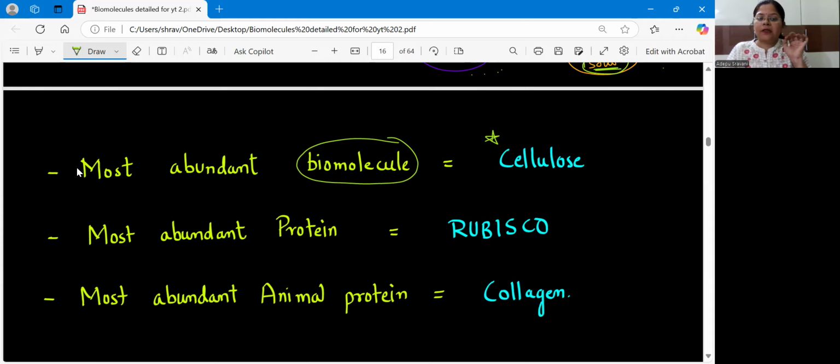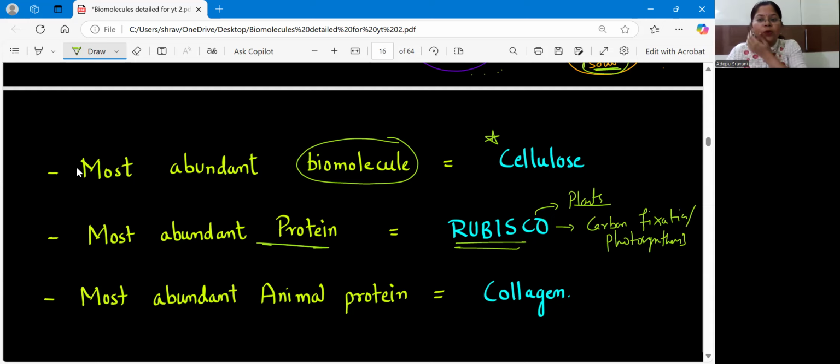But if they ask the most abundant protein, now we didn't start protein yet, but still, if they ask the most abundant protein, the answer will be rubisco, which is present in plants. And this rubisco is involved in carbon fixation. Carbon fixation is nothing but photosynthesis.